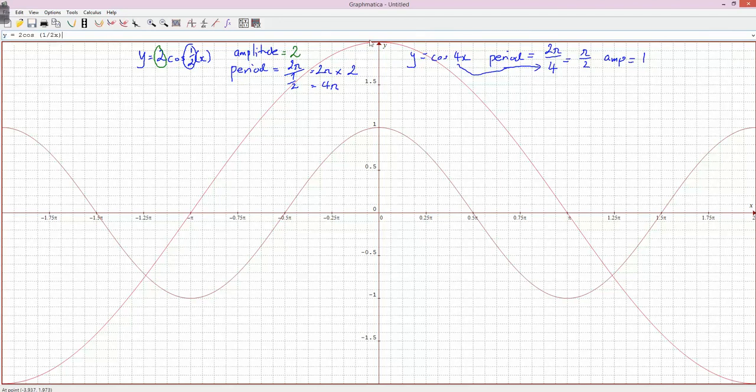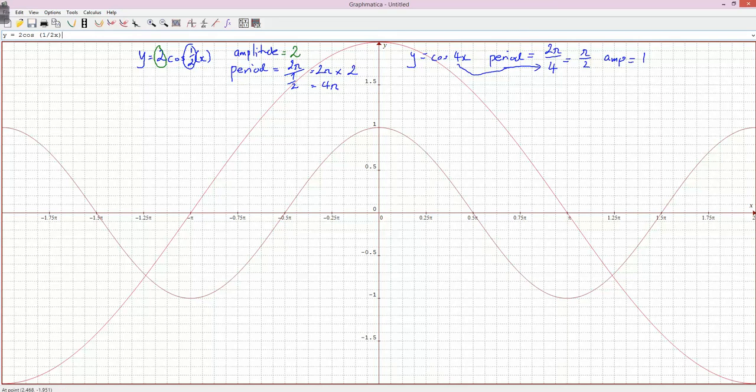So let's see if we can figure it out. Certainly got 4 pi before it repeats itself, and the amplitude is 2. But why are we starting here and not up here?